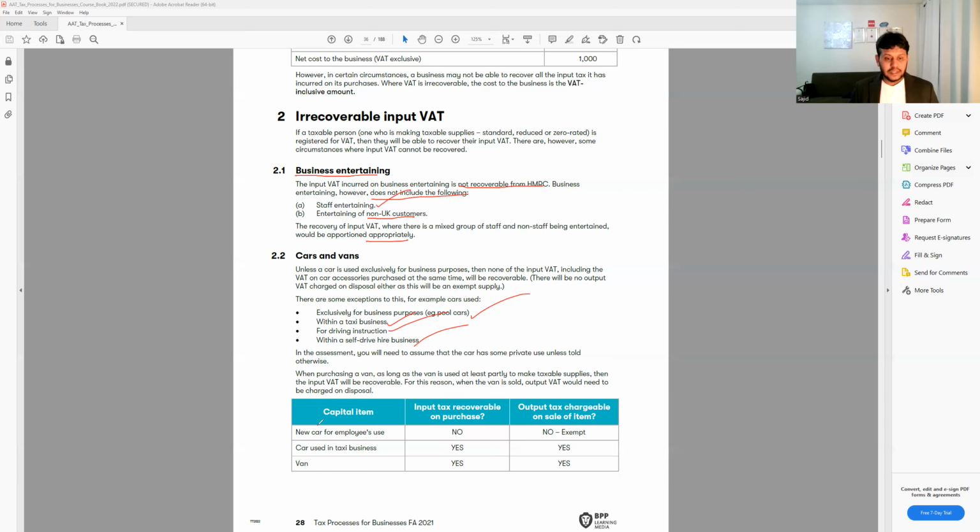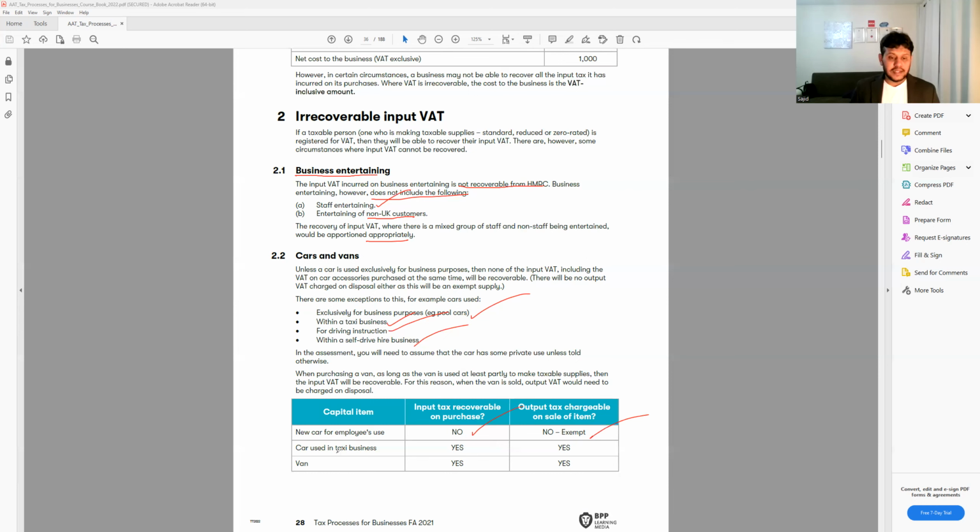For example, a new car for an employee: input tax recoverable on purchase, no, we cannot claim the VAT. And when we cannot claim the VAT, we're not going to charge VAT when you sell that car. For example, in future if you sell this car, we're not going to charge the VAT on that. So it is exempted when you sell it, but when you buy it, we cannot claim the VAT.